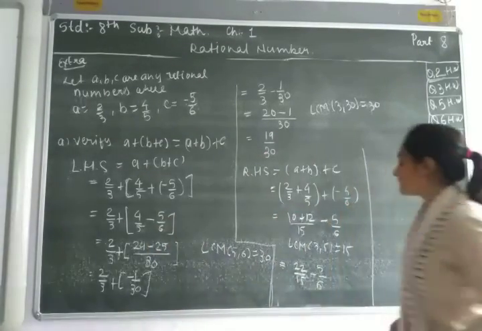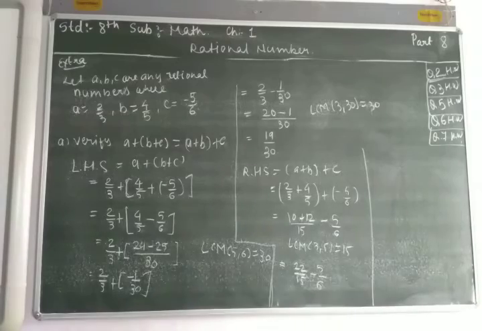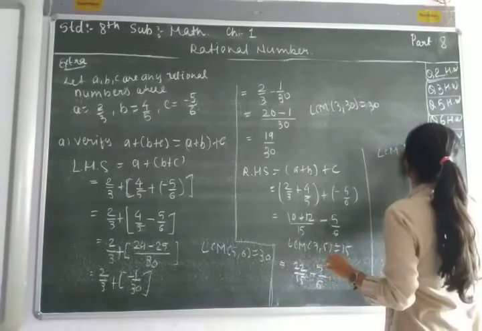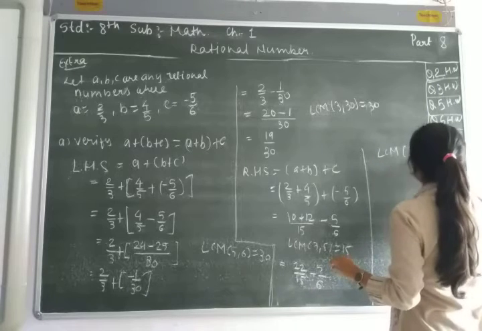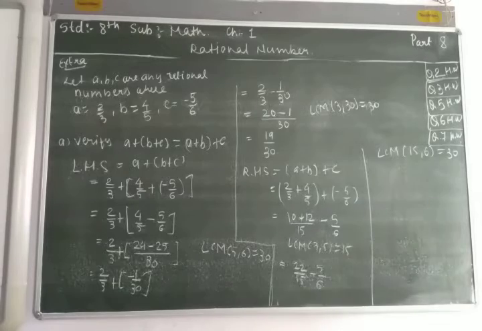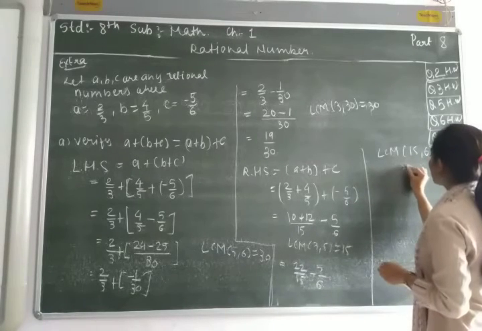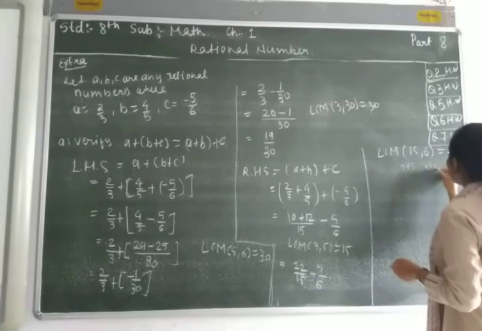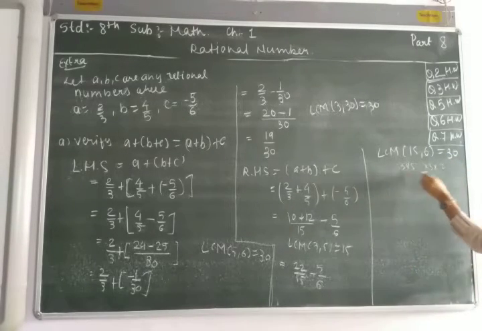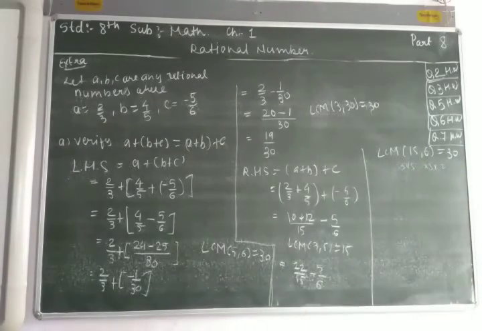Now the LCM of 15 and 6 is again 30. Why 30? Because 3 into 5, and 3 into 2.